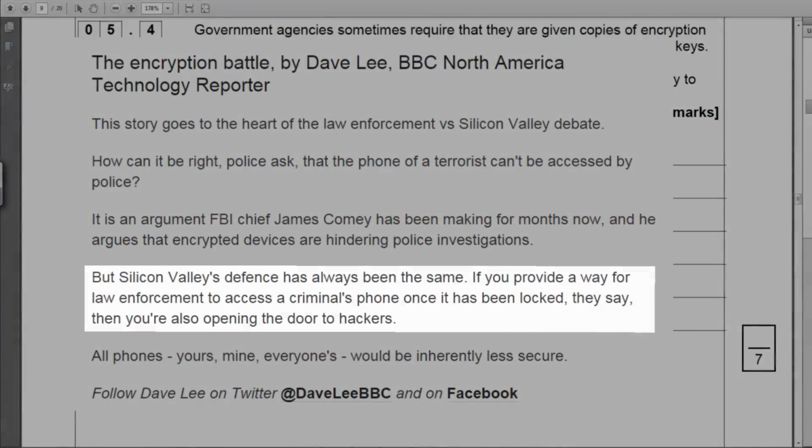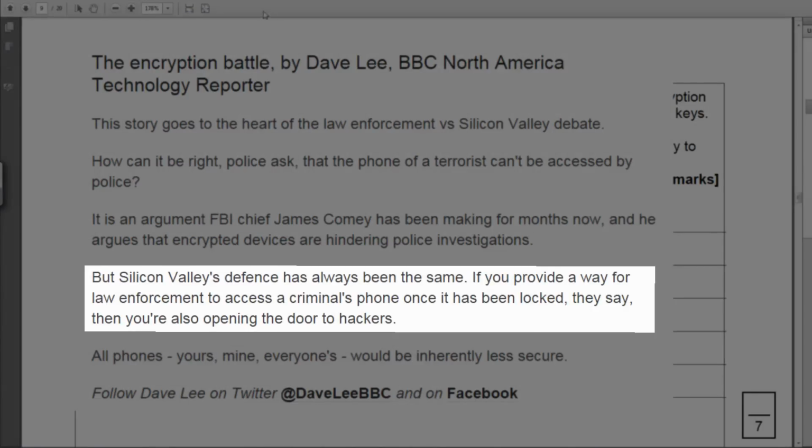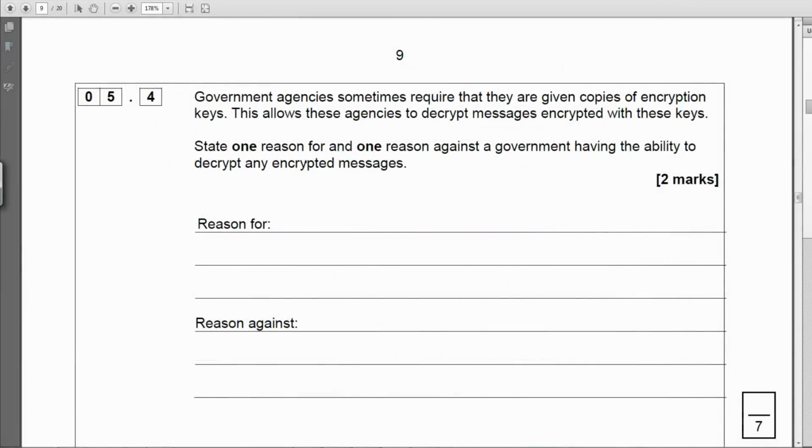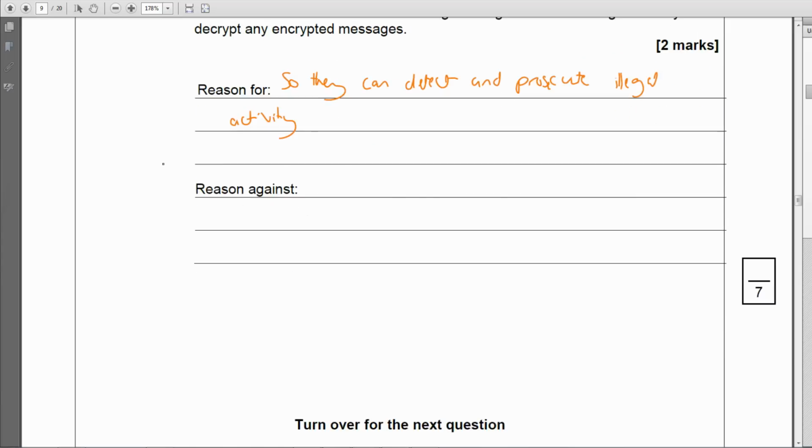A reason for the government having the ability to do this: the main reason is to prevent crime, so they can detect and prosecute illegal activity. Often certain sections of the internet, like parts of the deep web, are used for illegal activity, and people message other people doing crimes.